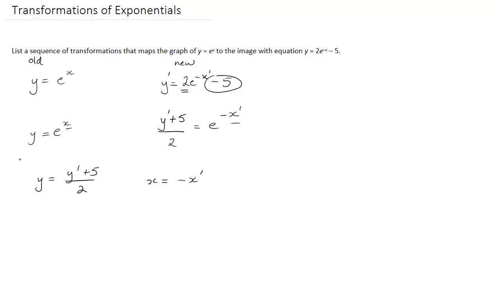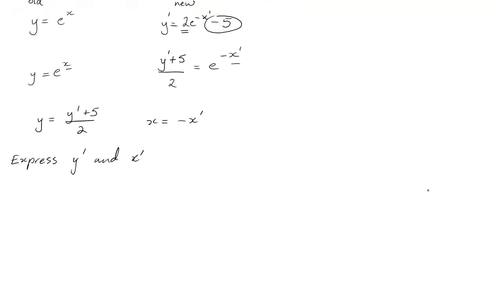So these are the equations. Now we have to express y dash and x dash. We're just trying to find the brand new values. So what we have to do now is just multiply this by 2. So 2y equals y dash plus 5, and then we've got minus x equals x dash.